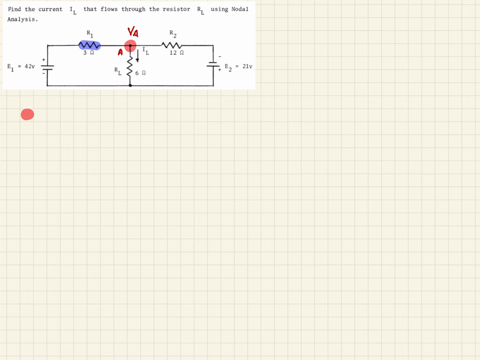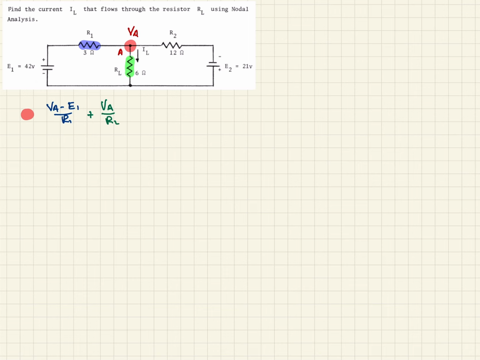So here we see that for the blue resistor, we will have VA minus E1 over R1. And then if we come around to this resistor here, RL, we will have VA, again just applying Ohm's law, over RL.